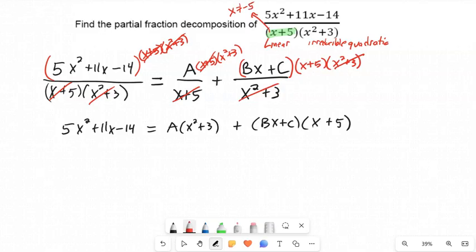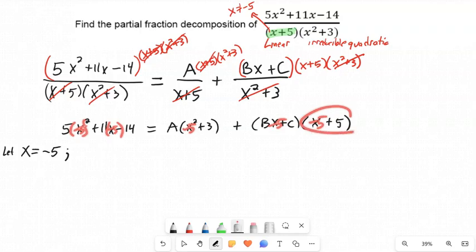Irreducible quadratics don't have domain restrictions, but what you do is you let x equal the domain restriction value, and when you plug that in, that'll go in all the x's. So when I use x equals negative 5, that makes 0. That wipes out this entire second term.